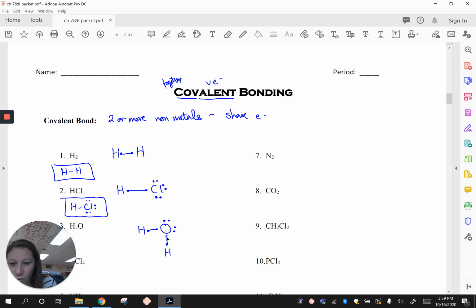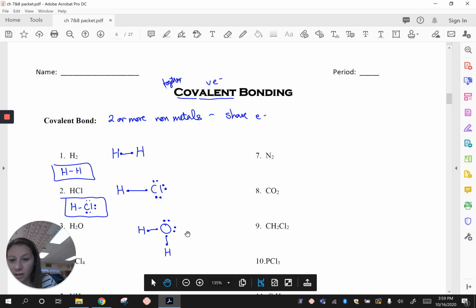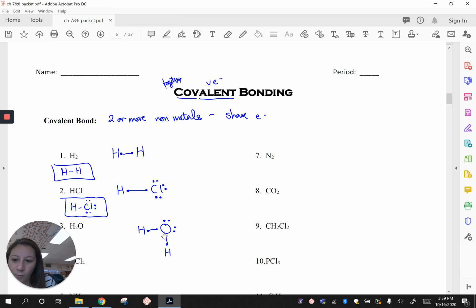This hydrogen has 1, 2. So both hydrogens are good with their duets. The oxygen has 1, 2, 3, 4, 5, 6, 7, 8. So oxygen's good. Again, just rewrite it so it looks a little neater. Oops, sorry. Let's do it right here.